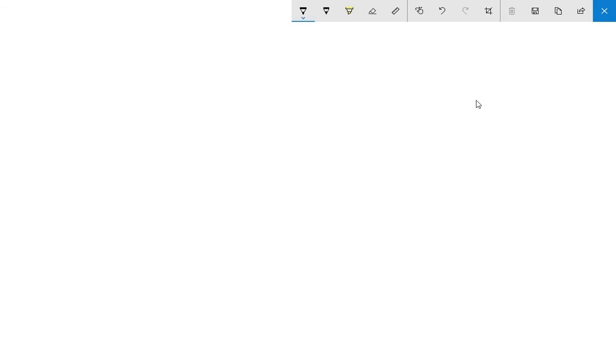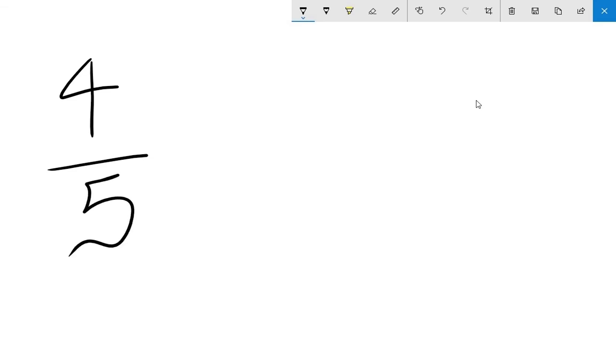Okay, let's try one more example. Can you think of a number that can multiply a simple fraction and make the denominator equal to 20?